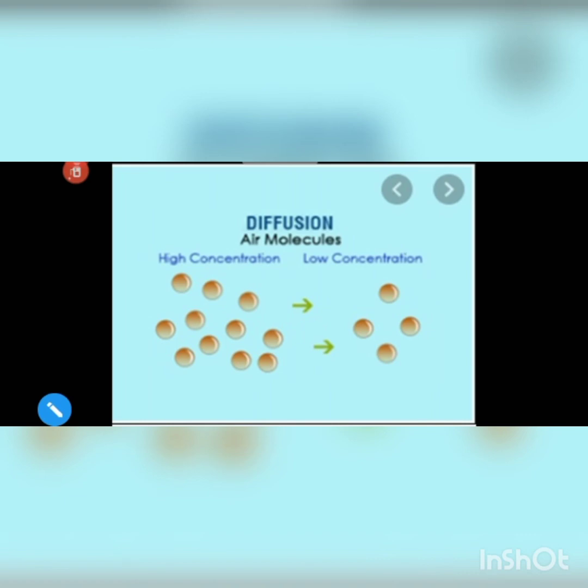That is from a region of high concentration to a region of low concentration. Similarly, oxygen will enter the cell by the process of diffusion when level of concentration inside the cell decreases. Thus, diffusion plays a very important role in exchange of gases between the cells as well as the cell and its external environment.